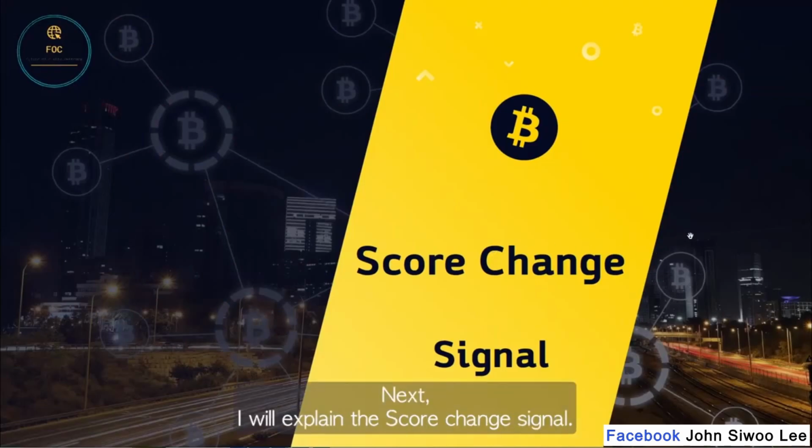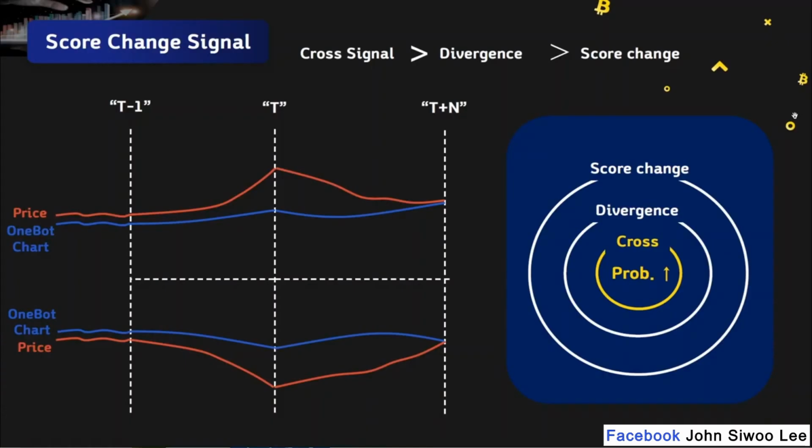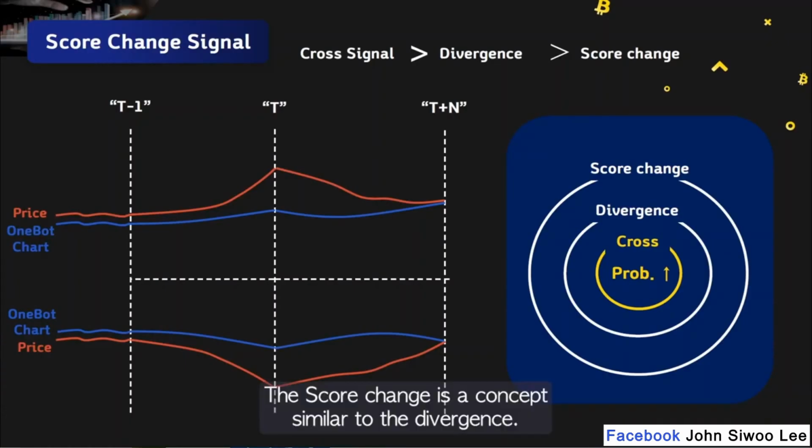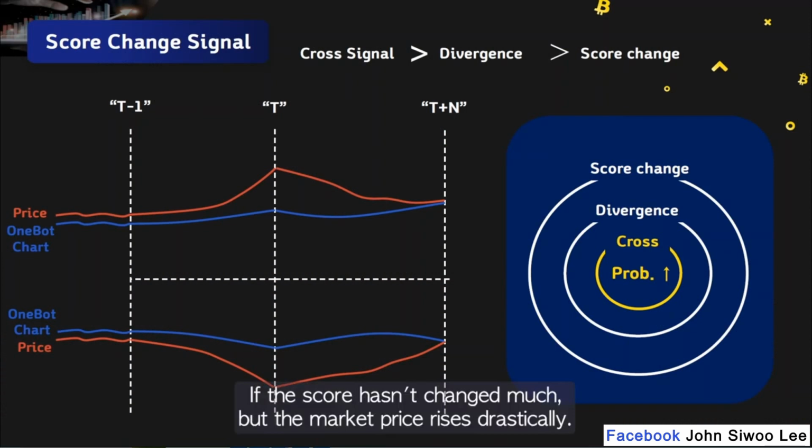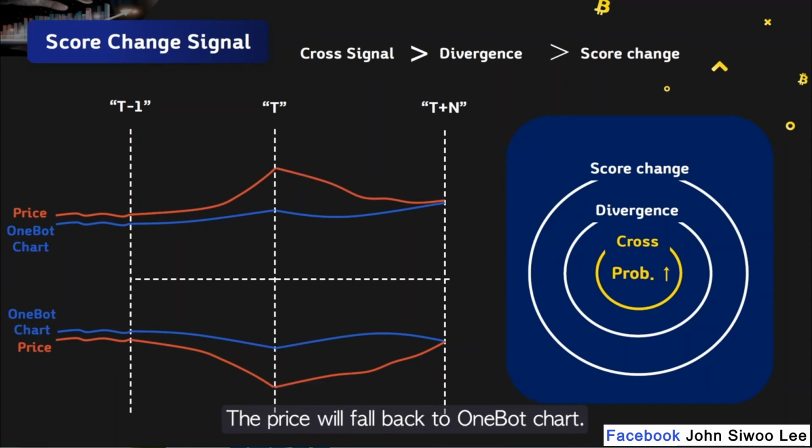Next, I will explain the score change signal. The score change is a concept similar to divergence. If the score hasn't changed much, but the market price rises drastically, the price will fall back to the Onebot chart. In contrast, if the score has not changed that much, while the price has fallen drastically, the price will recover to the Onebot chart.